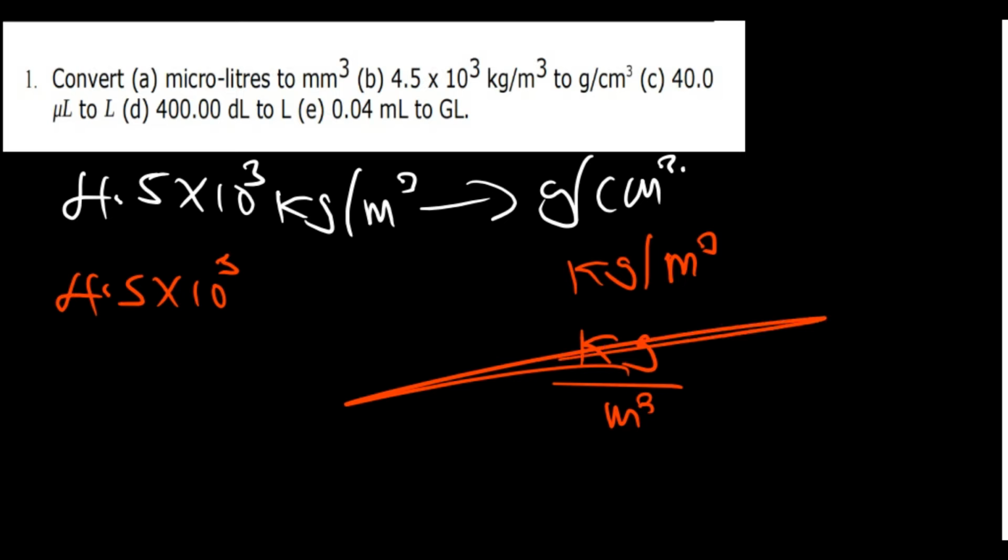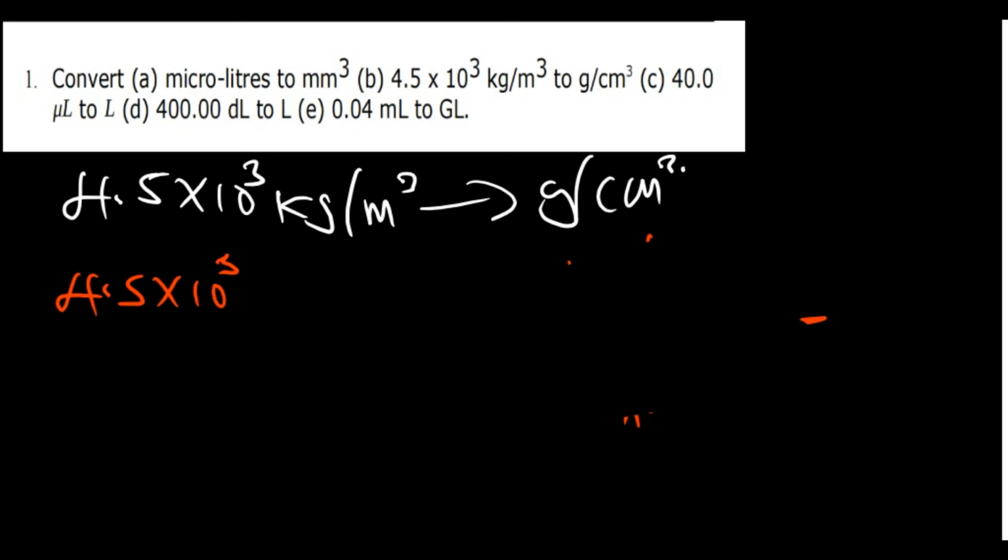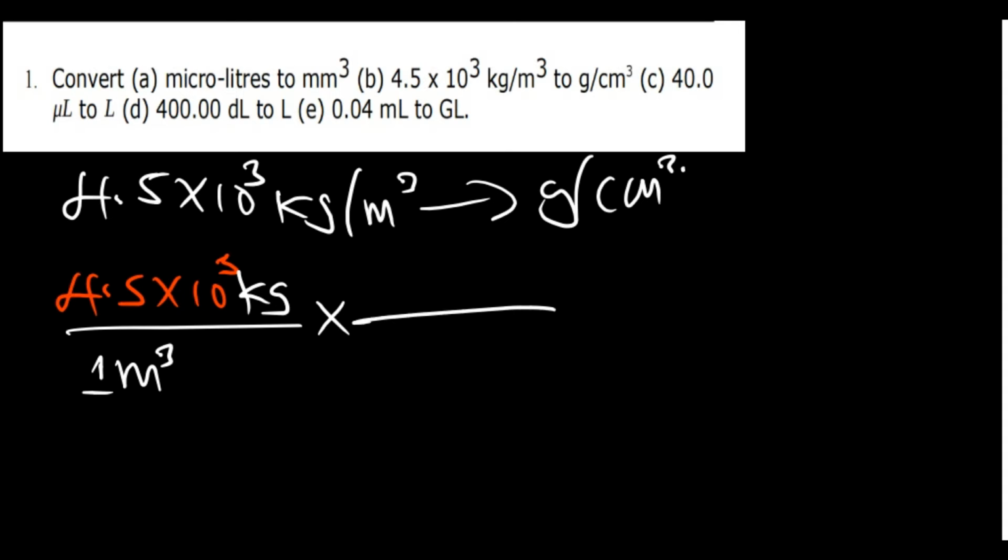So now I'm going first to convert kgs. In 1 kg, how many grams do we have? We've got 1000 grams. As you can see, we are going to set the units in such a way that they should cancel each other. Kg and kg will cancel, meaning we are done now with kg.